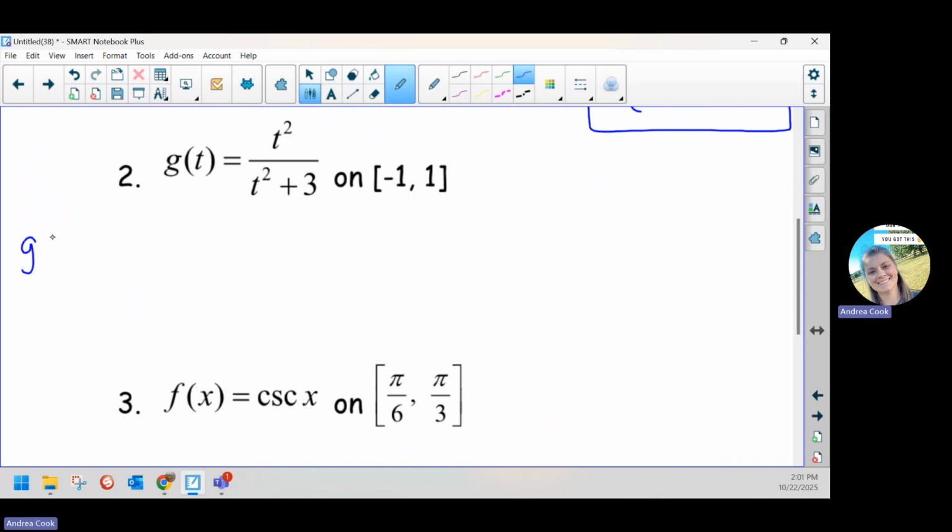So how these problems get harder is finding the derivatives are a little bit harder. So when I find the derivative of g, I'm going to have to do quotient rule. So I'm going to do low d high minus high d low all over low low.